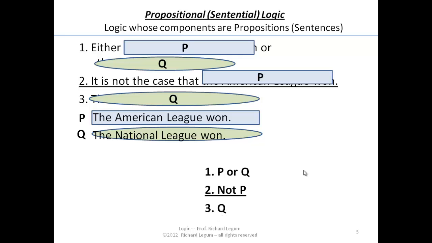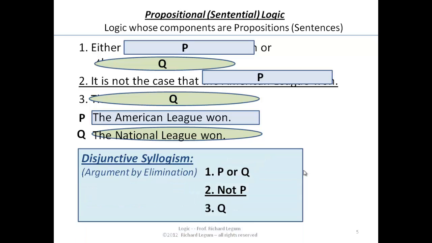And what we have here is an argument that's known as disjunctive syllogism, or sometimes known as argument by elimination. You should probably know those two terms. By the way, syllogism, and we're going to hear that a couple of times.